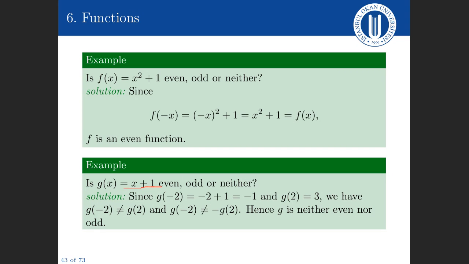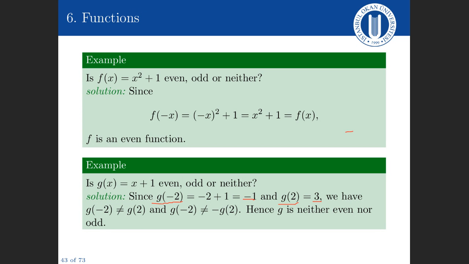What about x plus 1? Is this even or odd? Neither. This one I'll do slightly differently. Instead of looking at every single x, I'm just going to look at one number. I'm just going to look at minus 2 and 2. G of minus 2 is equal to minus 1, and we can calculate that g of 2 is equal to 3.